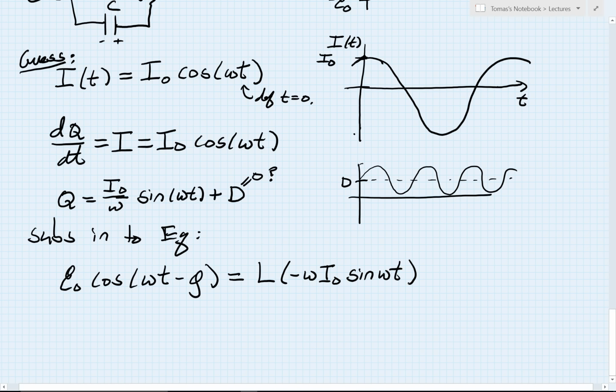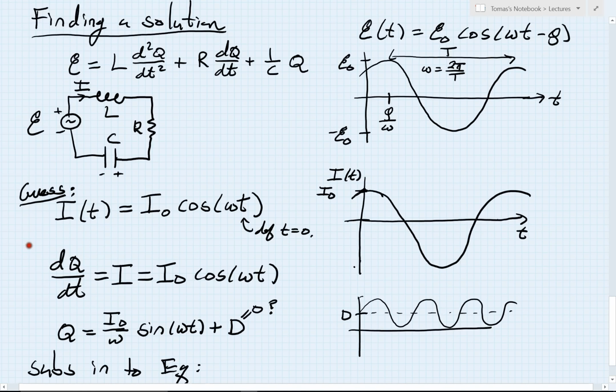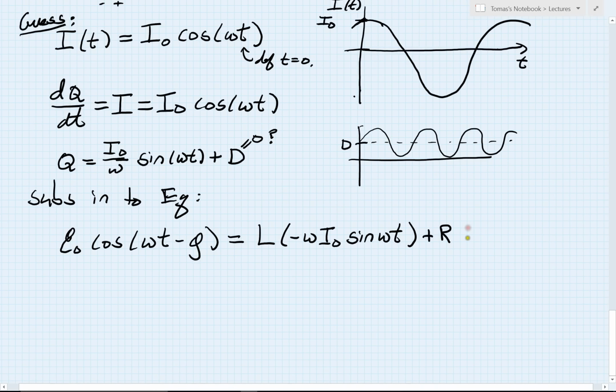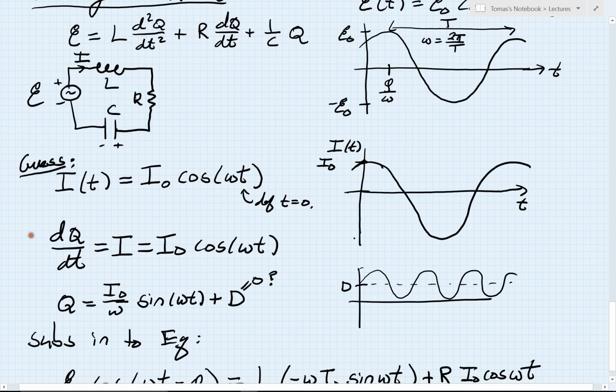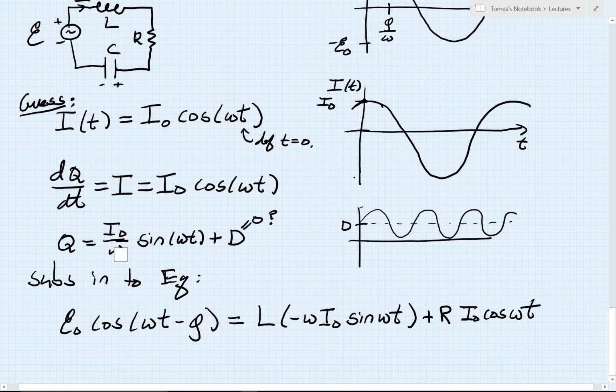The next term is the resistor term, and the resistor is multiplying dq dt, which is just my current. It's I naught cosine of omega t. And then finally, I have 1 over C times my charge. My charge is I naught over omega.